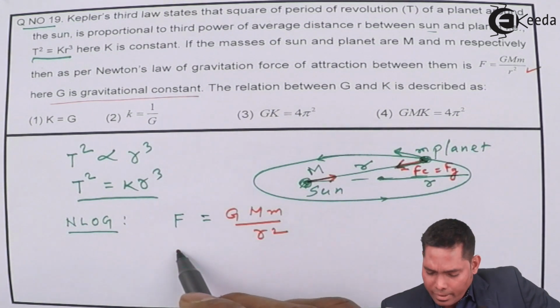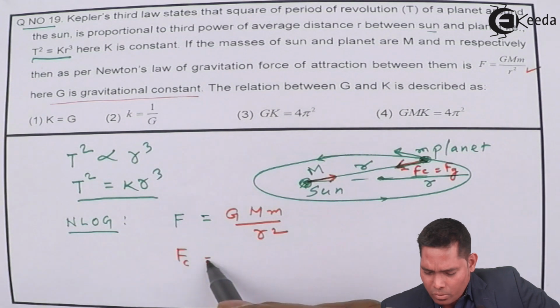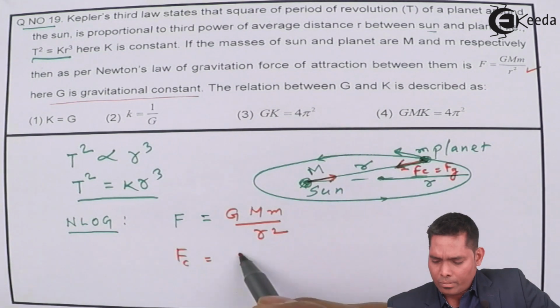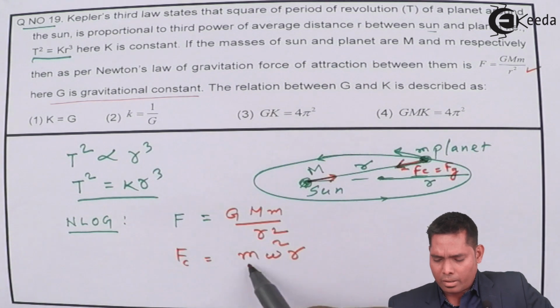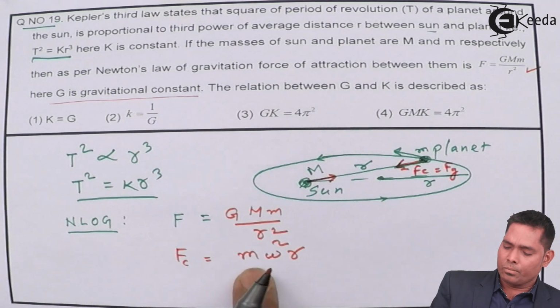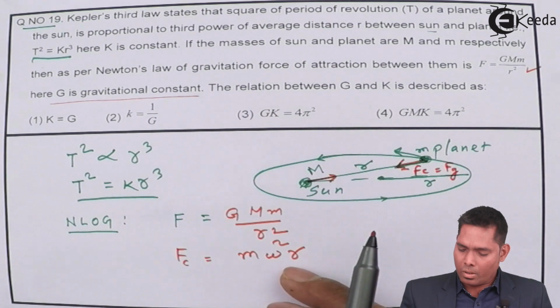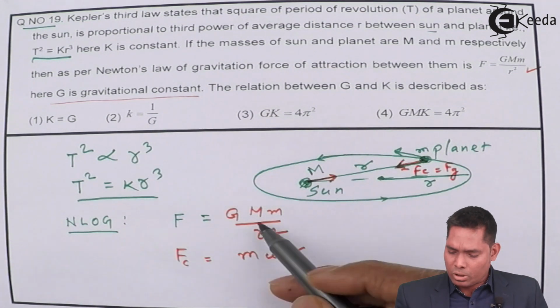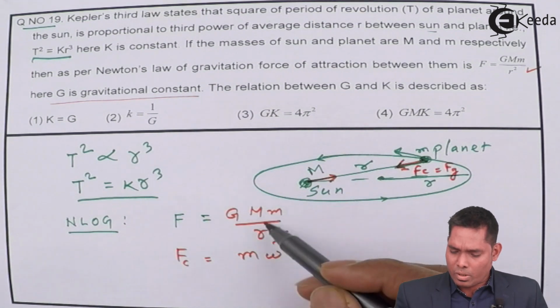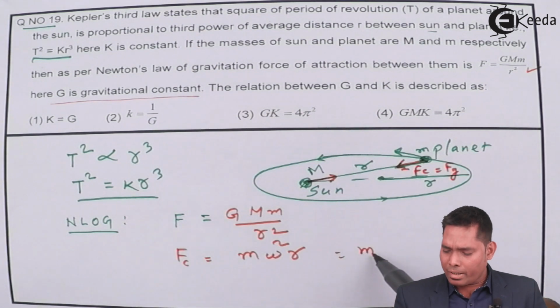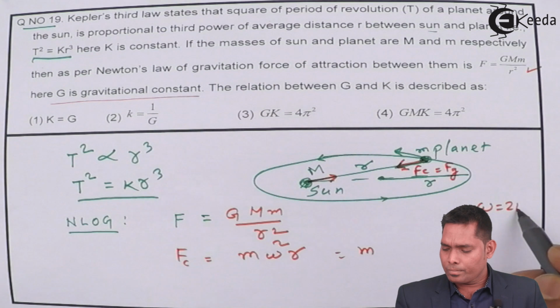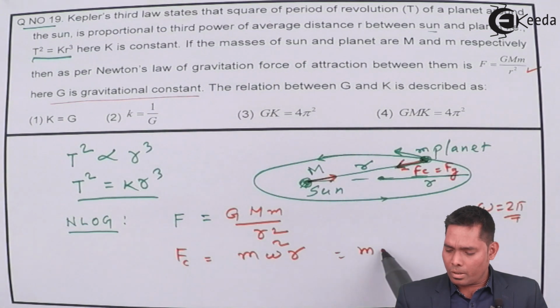So therefore I write that the centripetal force I can also represent with the mass of the planet and omega square r, m omega square r is also the centripetal force. So that means these two are the same. If these two are the same, then from omega, I can write that omega is 2 pi over T. So this will become 4 pi square over T square into r.